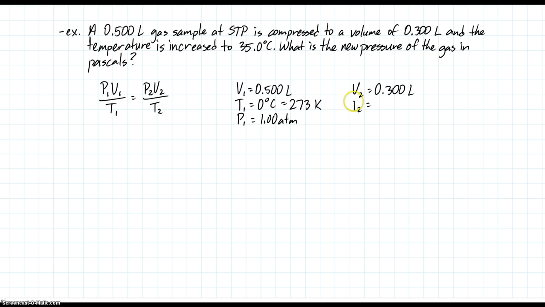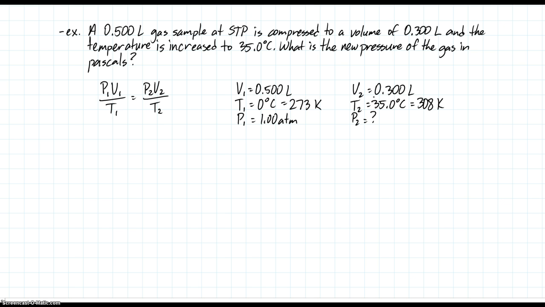Our temperature T2 is 35.0 degrees C, but again we need that in kelvins, so we add 273, and that gives us a temperature of 308 kelvins, and then P2 is what we're trying to find.